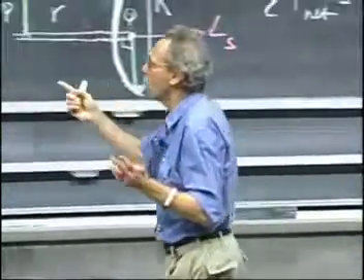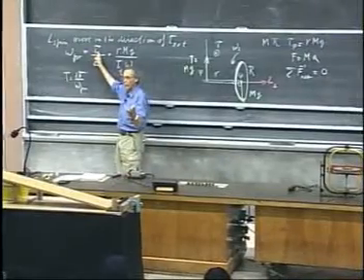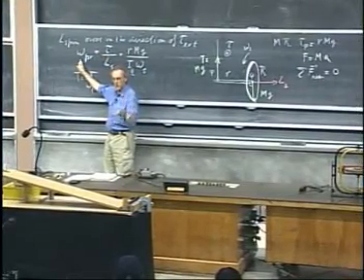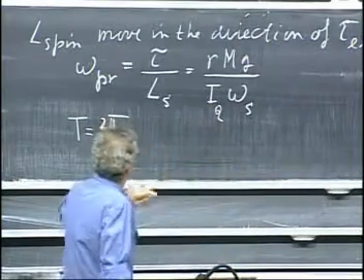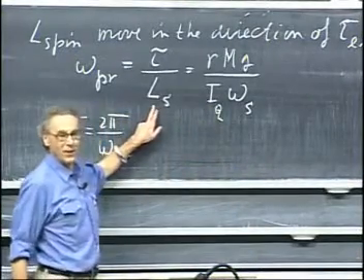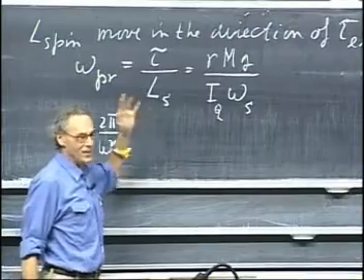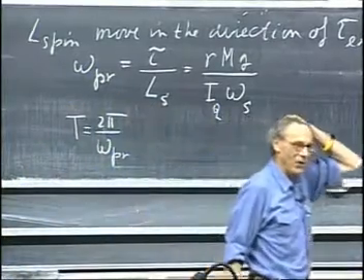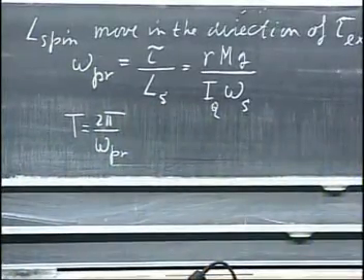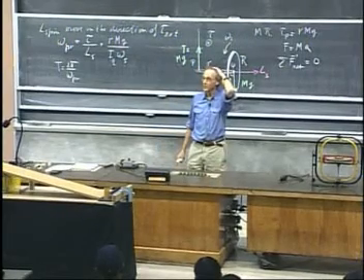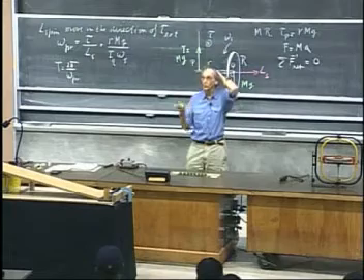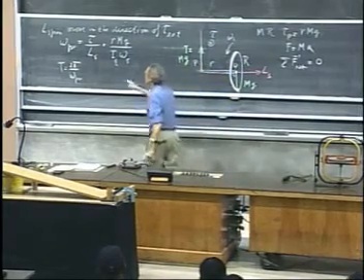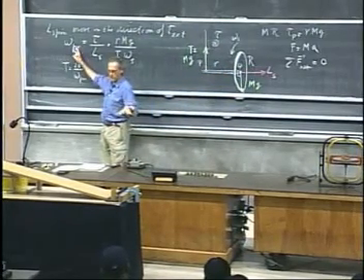Well, if the torque is stronger, then it is more powerful, so you expect that the precession frequency will be higher. However, if the spin angular momentum is very powerful, then the spin angular momentum says, sorry, torque, I'm not going to go as fast as you want me to go. So when you increase that spin angular momentum in the wheel, it is also intuitive that the precession frequency will go down.